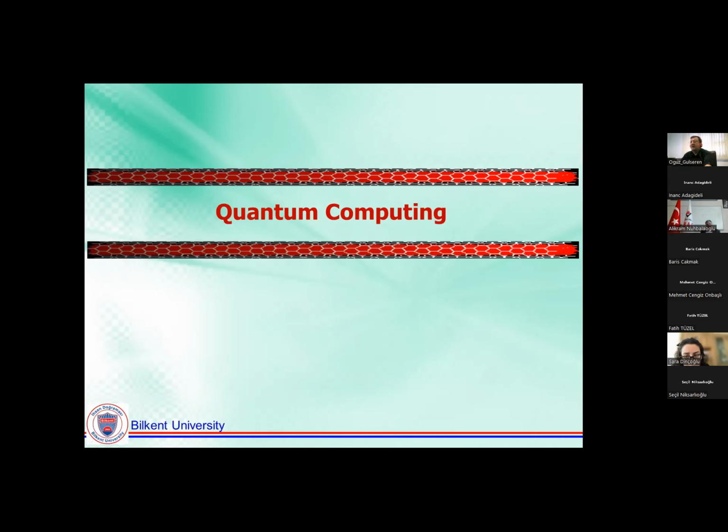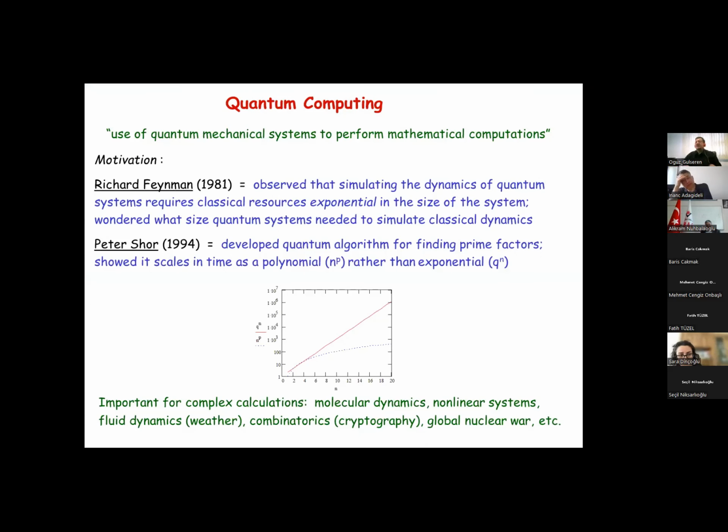First, I'll start with just a couple of slides. Everybody is quite familiar, but there are several undergraduate students as well, so this is going to be a refreshment for the experienced ones, with a couple of words on quantum computing.